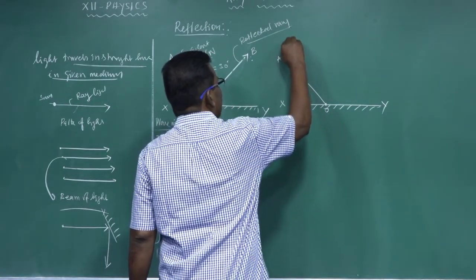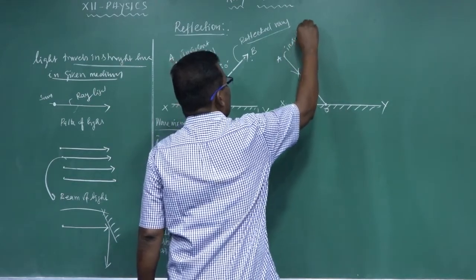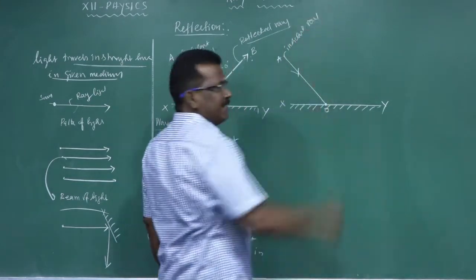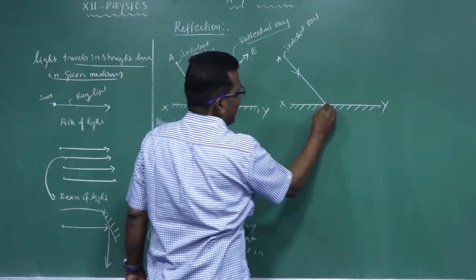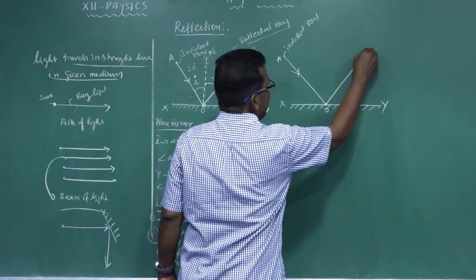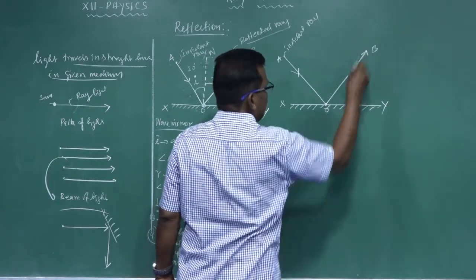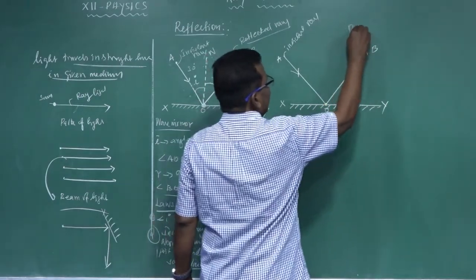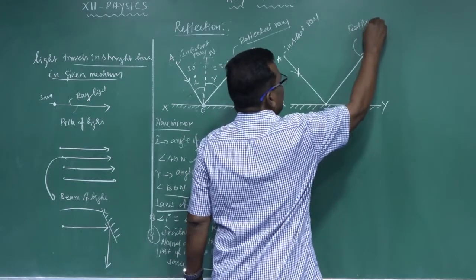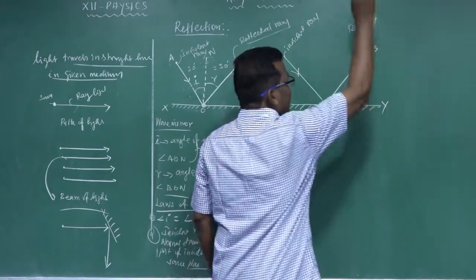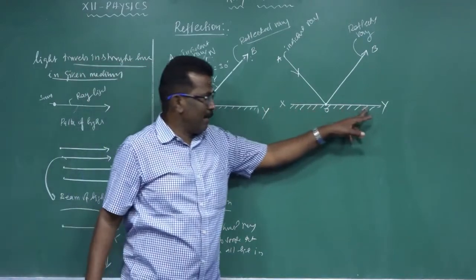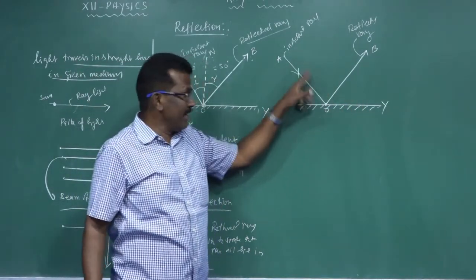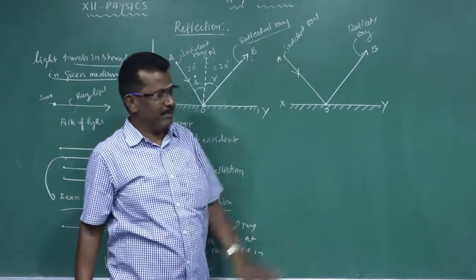AO is called the incident ray. After incidence on the plane mirror, it is reflected back into the same medium. So OB is the reflected ray.